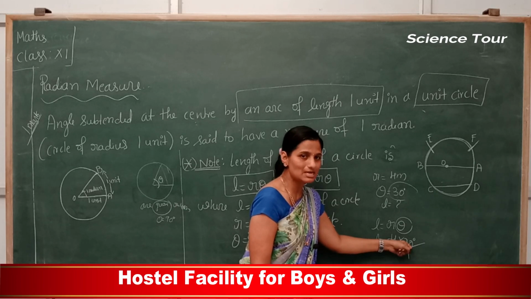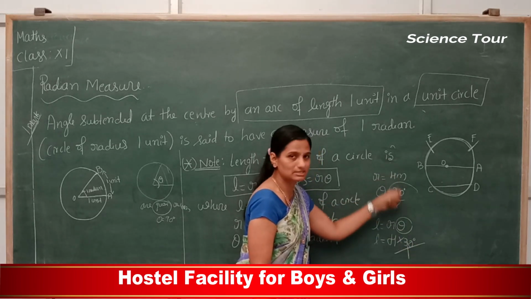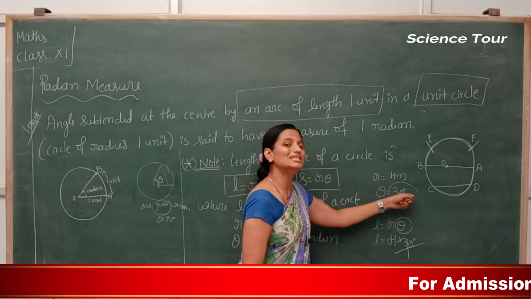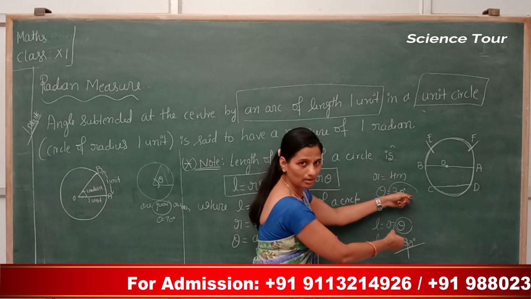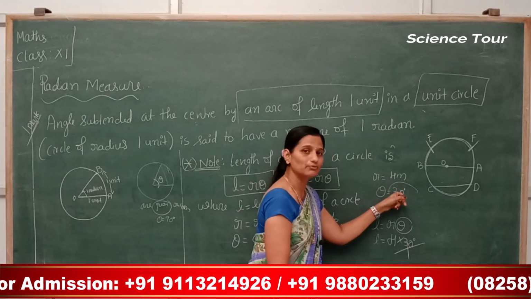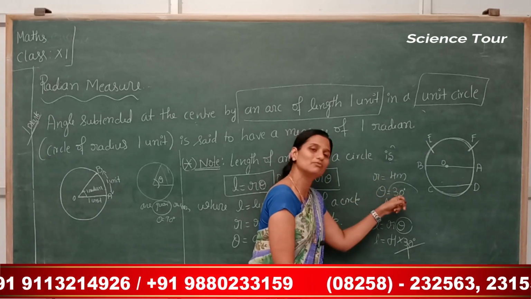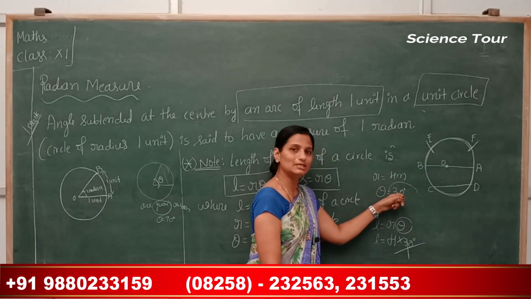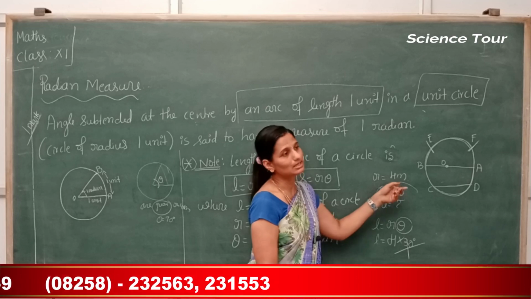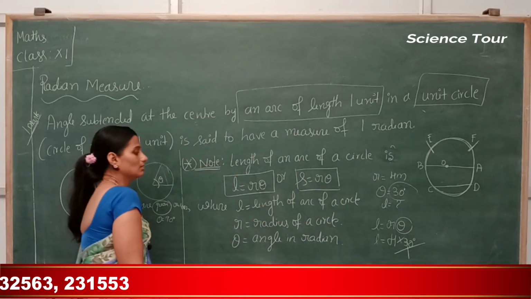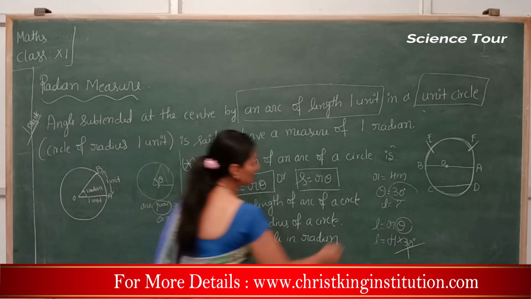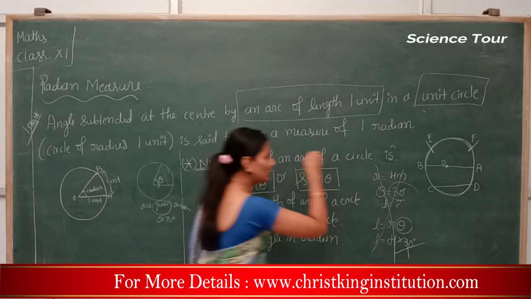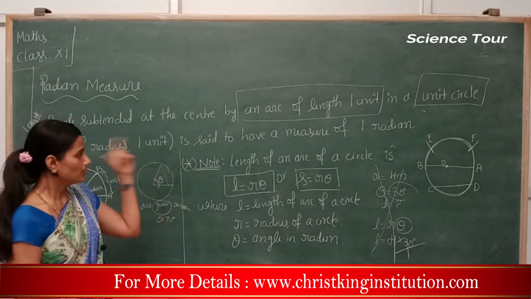Is this clear? Many students make mistakes here. Whatever theta is given, in degree or radian, they directly substitute it here. That is wrong. First concentrate on the given theta. If it is degree, you first have to convert it to radian. Simplification I will tell you later while solving related problems.